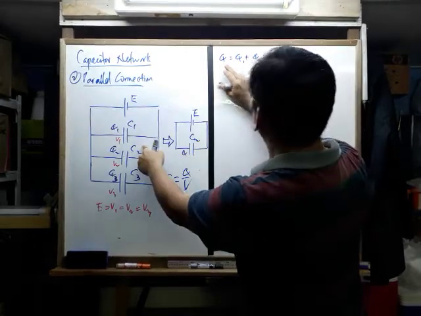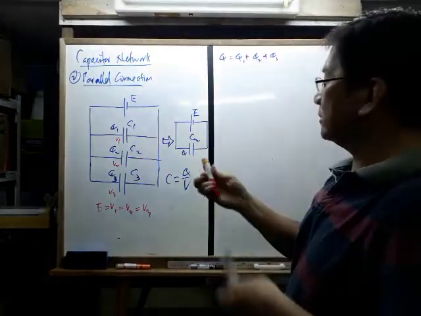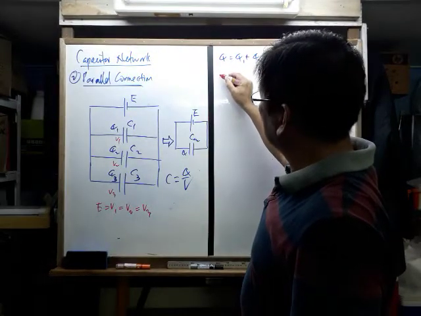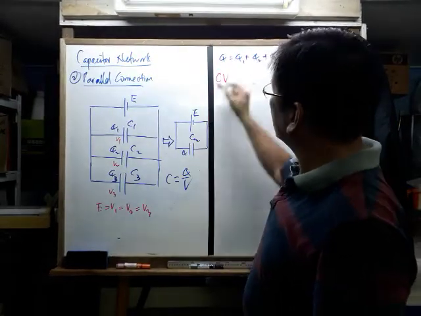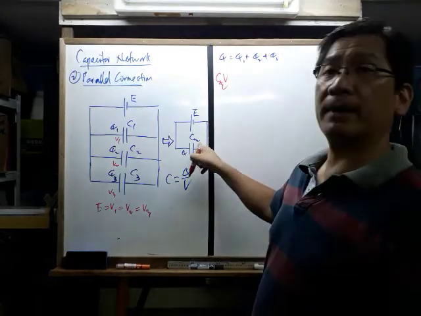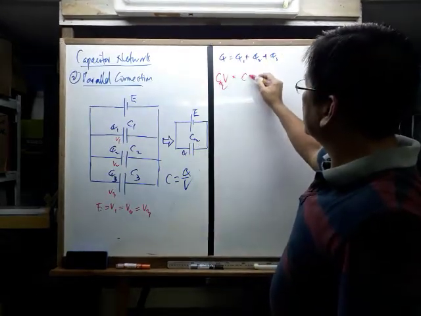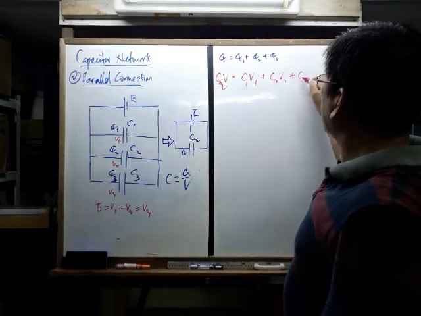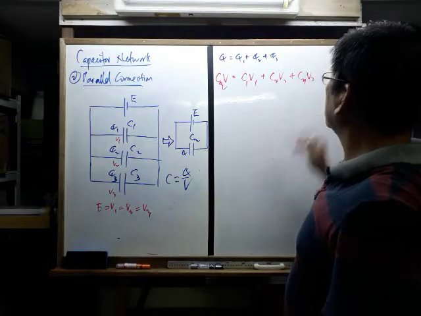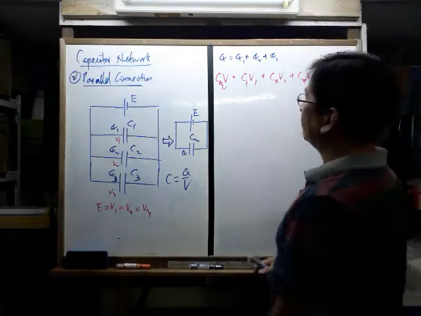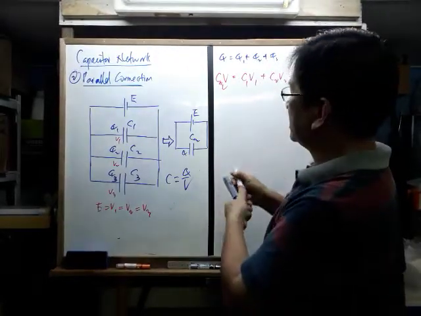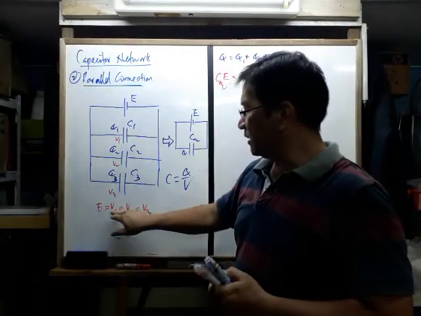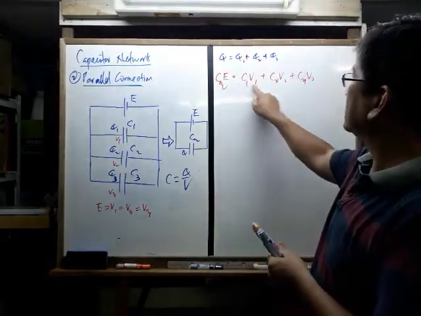For the right hand side of the equation, our Q here is equal to CV, this is our equivalent capacitance, and then here will be C1V1, C2V2, and C3V3. Sorry, this one is E. But since E and V1, V2, V3 are the same, we can cancel all of them.